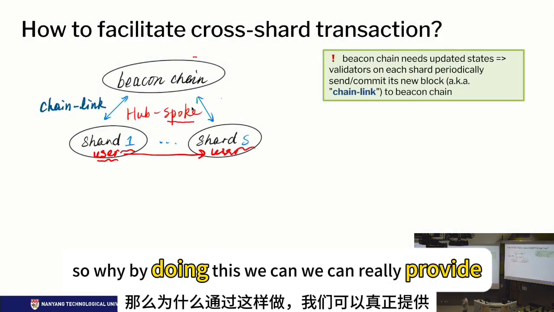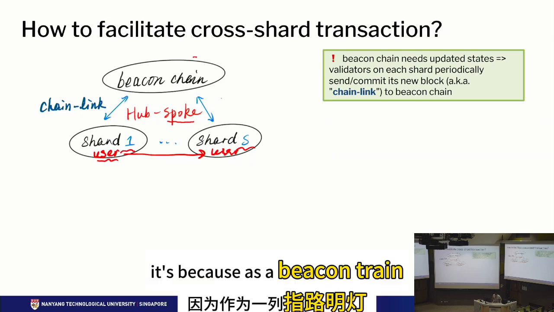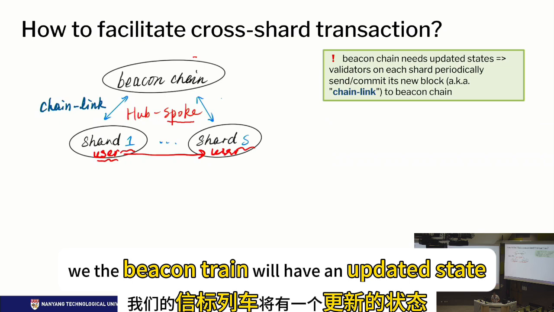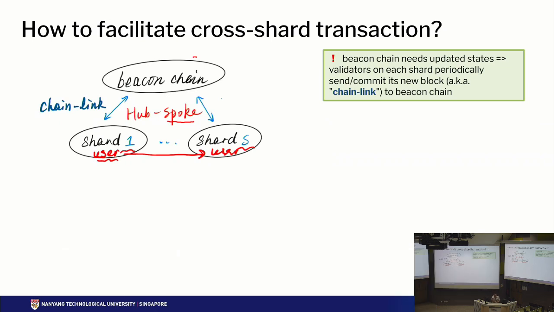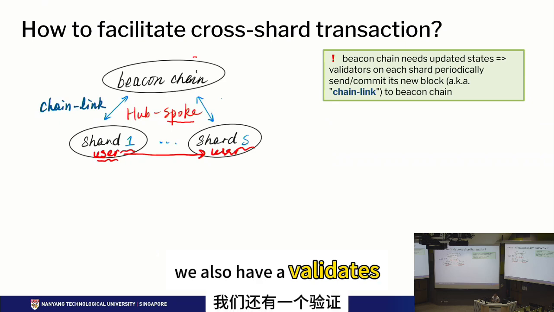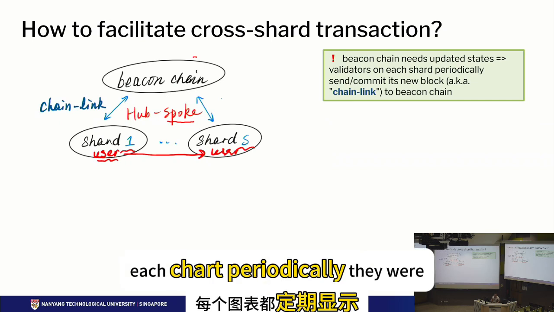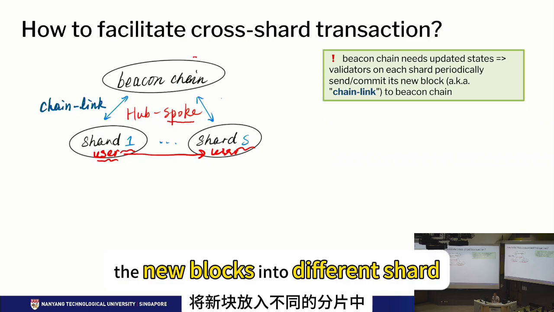So why, by doing this, can we really provide cross-shard transactions? It's because the beacon chain will have an updated state. On the beacon chain, we also have validators for each shard, where each shard periodically will send or commit the new blocks.